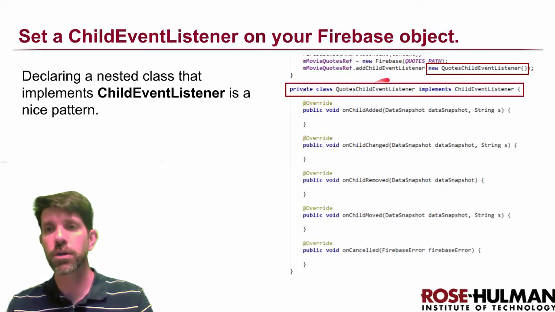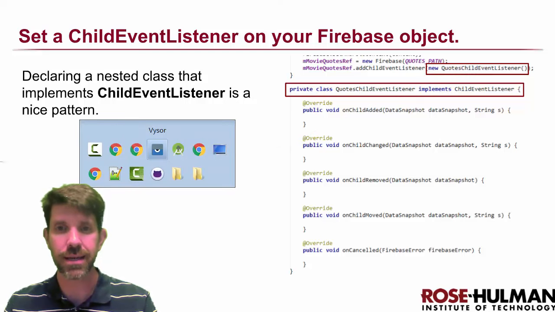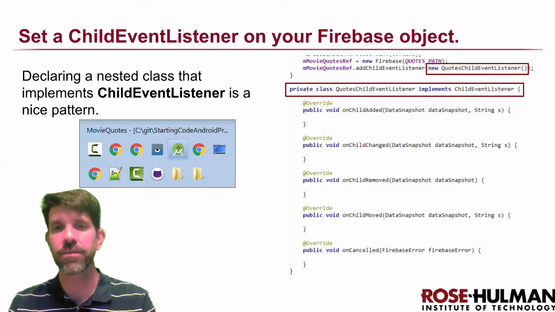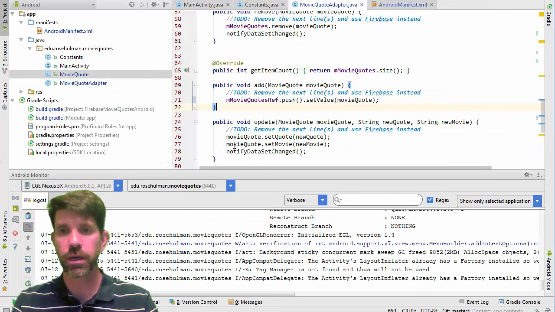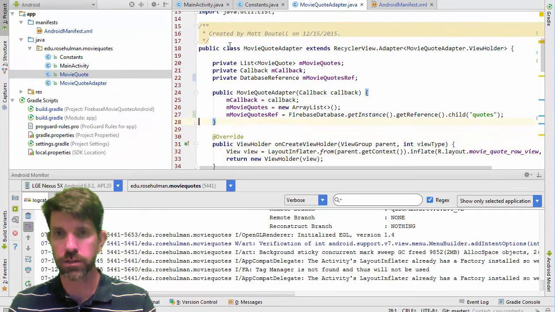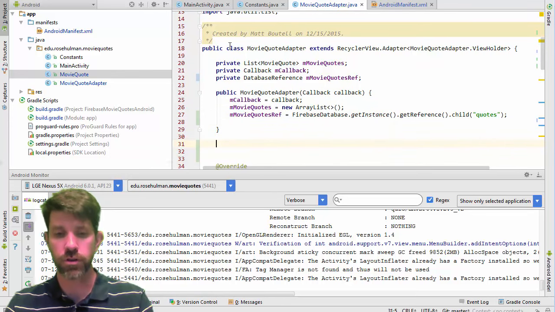All right, so let's go ahead and make a quotes child event listener, right? And we're going to do this as a nested class here. Child event listeners, as you can see, have 5 different methods, so they get a little bit bigger. So I like the pattern of using an inner class for those. So underneath my constructor here, I'm going to make a class.